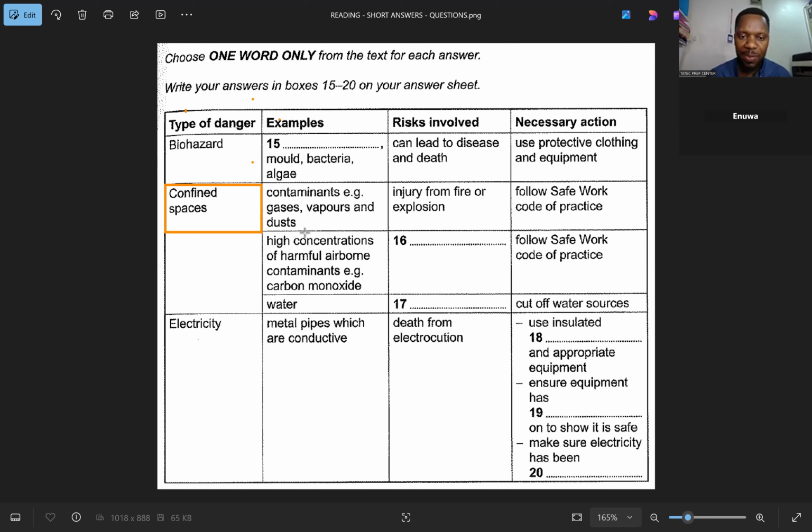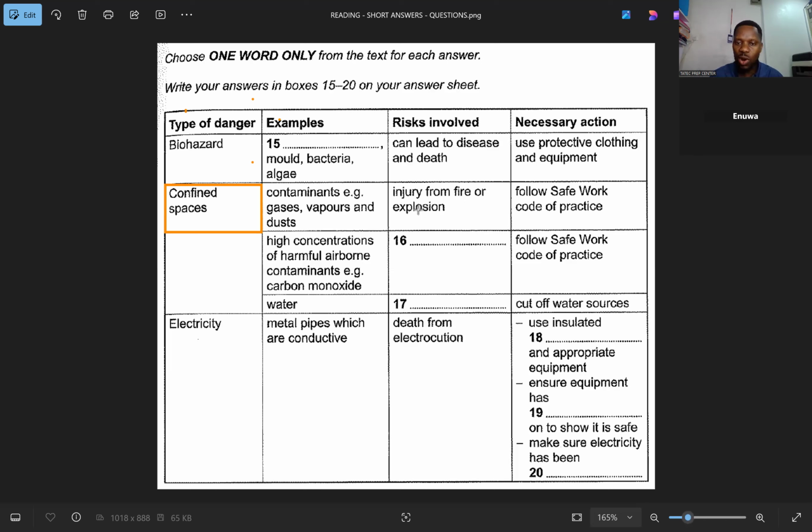Now, the first part does not require any answer. Contaminants, e.g. gases, vapors, and dust. No answer is required there. High concentrations of harmful and airborne contaminants, e.g. carbon monoxide. No answer is required there. When you go to the risks involved, you come down to the first row, which is injury from fire, explosion.